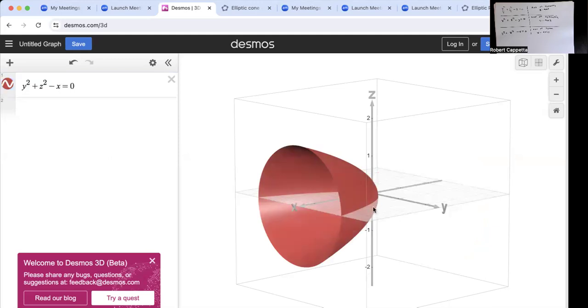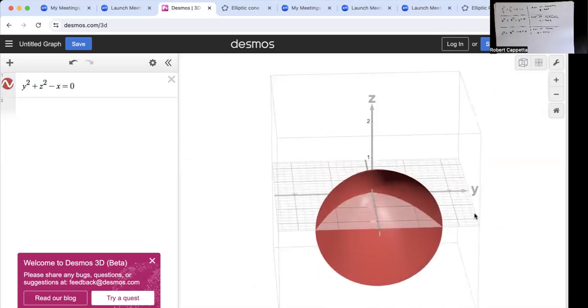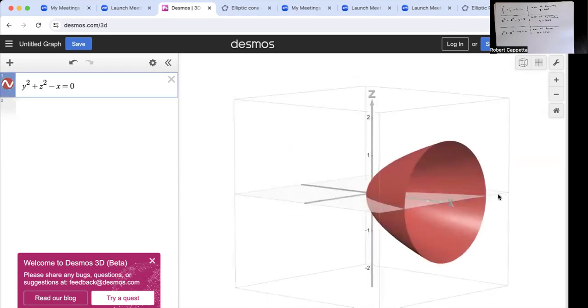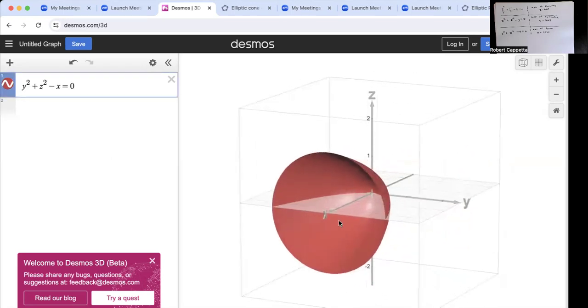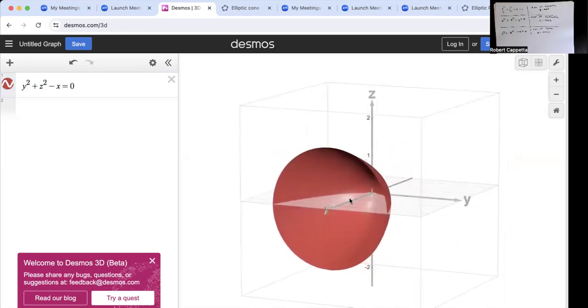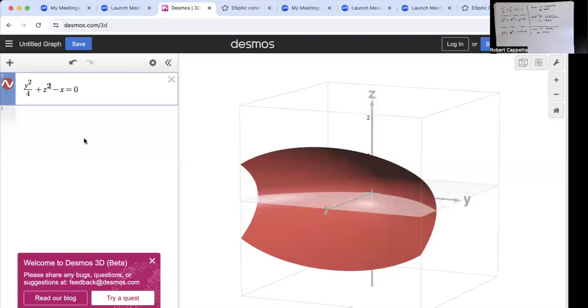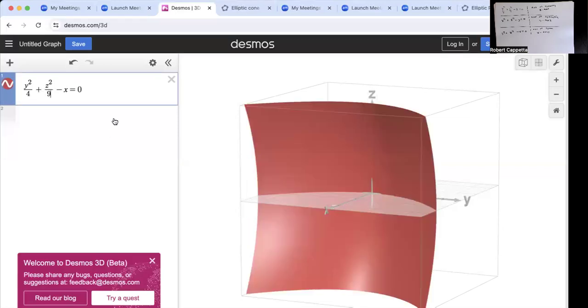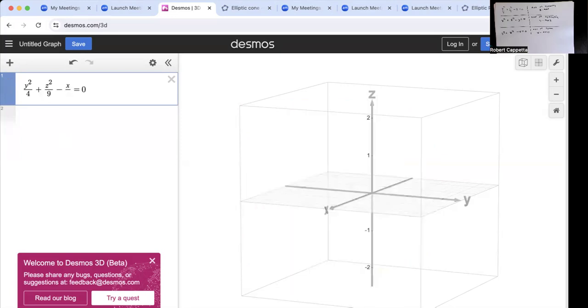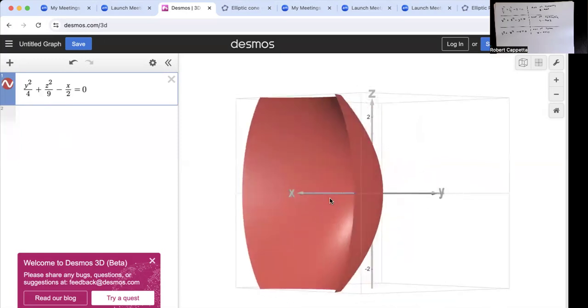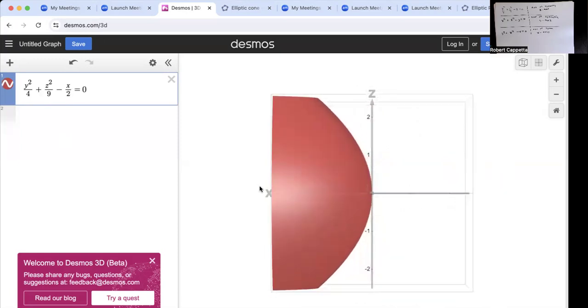And now notice the x-axis, again, I prefer this orientation, x coming out, y to the right, z up. So indeed, you can see that the x-axis is the axis of rotation or the axis of symmetry. And again, certainly you could divide by things if you want: divided by 4, divided by 9, divided by 2. Doesn't quite look as nice as an elliptic paraboloid, but that's what it is.